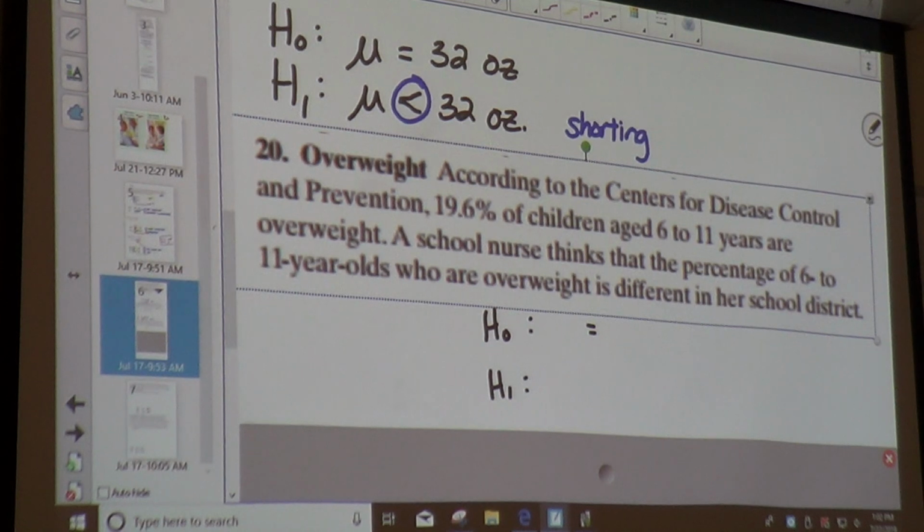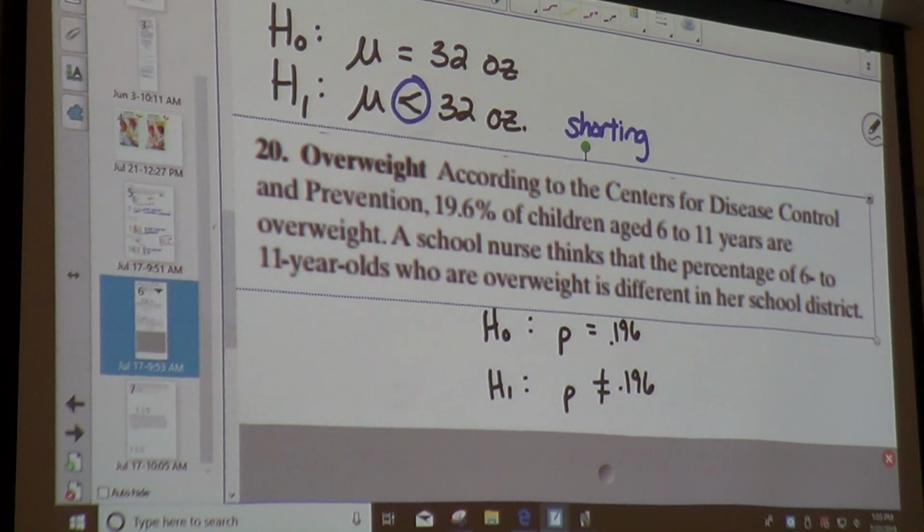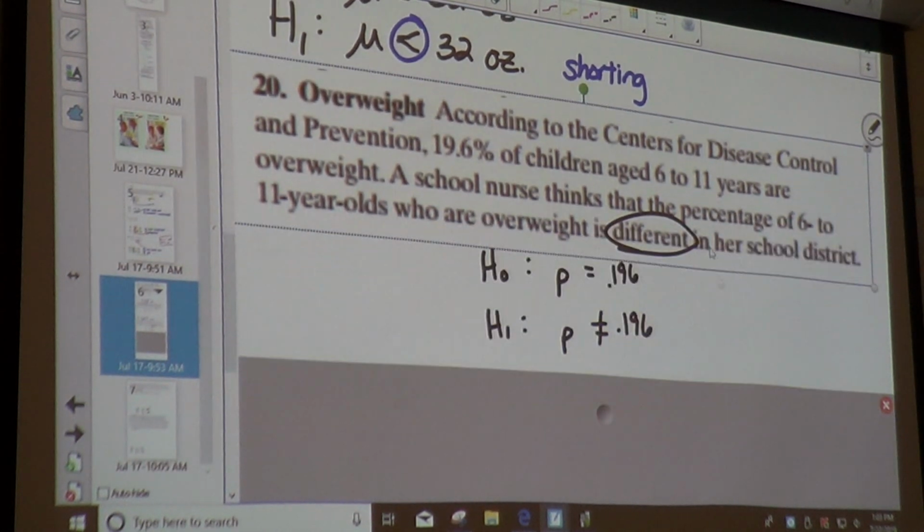But give it to me as a decimal. 0.196. What's the number in the front going to be? The P. We're dealing with percentages. Proportions, percentages. So we know this is a P and this is 0.196. What's it going to be in between? Not equal. I did not say less than, I did not say greater than. I just said different. Not the same. Very good.